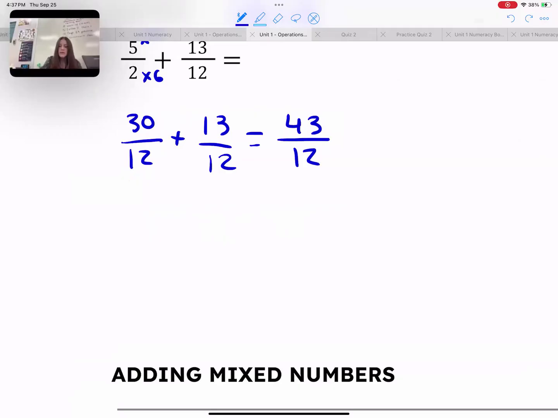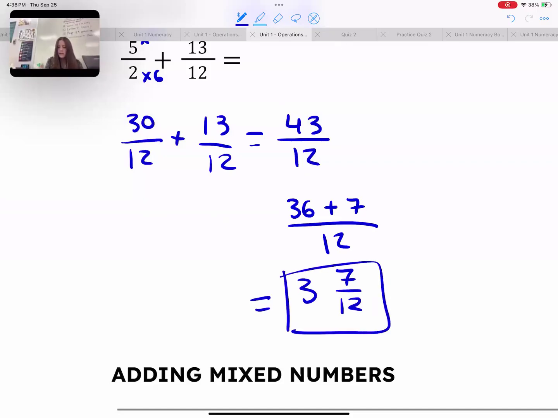So I'm going to separate this 43 into 36 and 7. And because I can do that, I am going to now have my fraction as 3 and 7 over 12. That is going to be my final answer.